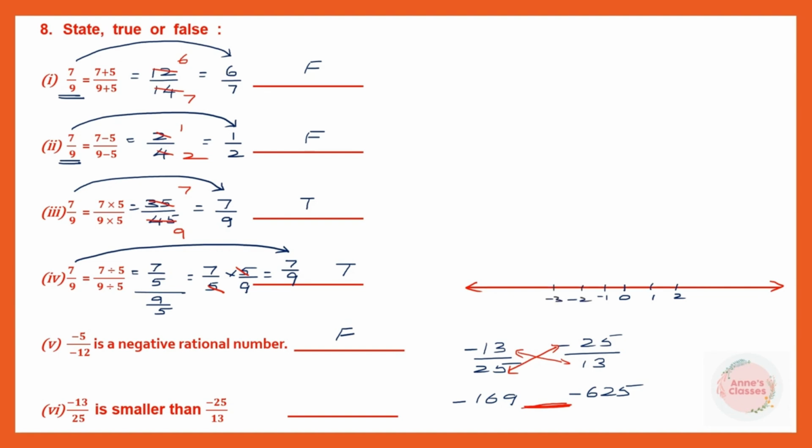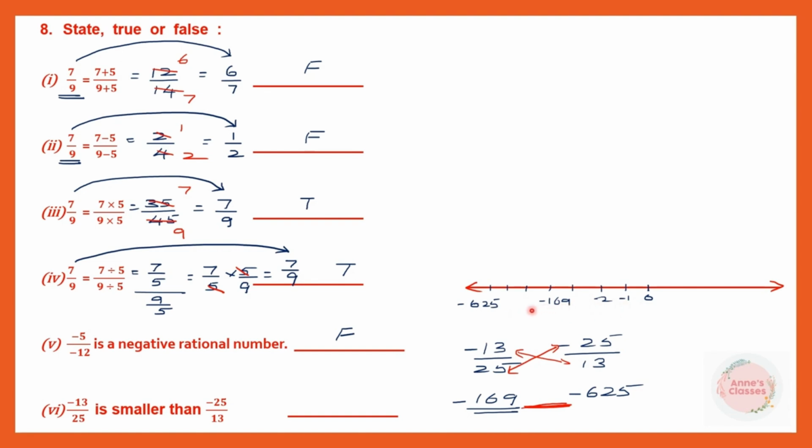Now here we have minus 169. So that will come first. Minus 169 will come first and then only we have minus 625. Now as you keep moving to the left, the numbers become smaller and smaller. So here you have 625 here and 169 here. Both are negative numbers.